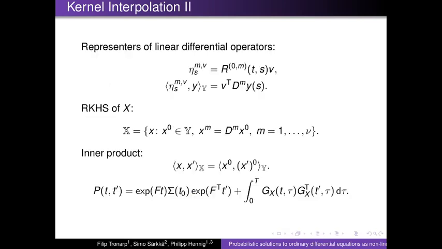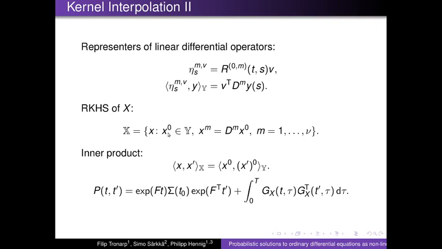And we of course have a bunch of representers for differential operators, which I denote by eta_{s,m,v}, which is essentially the representer of the scalar product of the mth derivative evaluated at s with v, written like that. And since there is a one-to-one correspondence between the Y process and the X process, the X RKHS is essentially the same, or well, it is the same as the RKHS of Y.